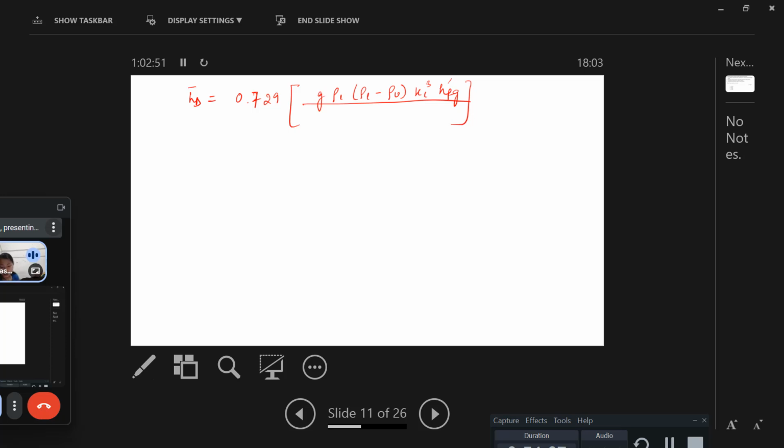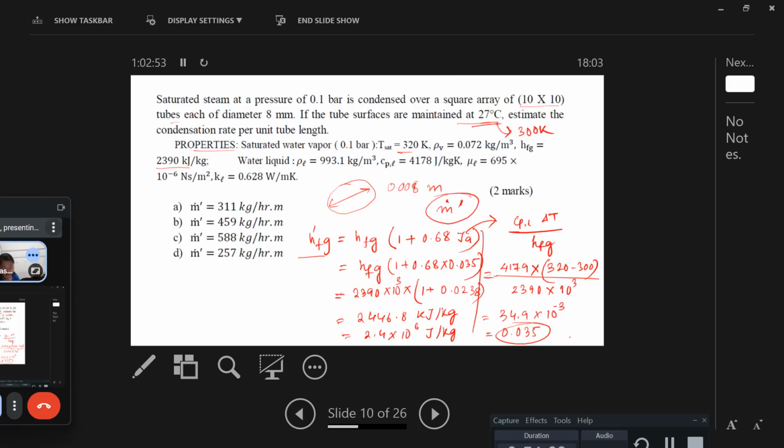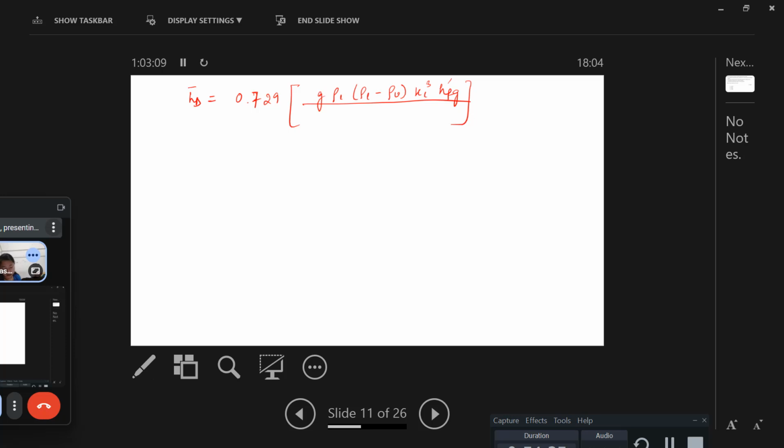Now we have to divide, since it is an array of tubes, so it should be divided by n. Okay, n into mu L T sat minus Ts into D, so this whole to the power 1 by 4, obviously.